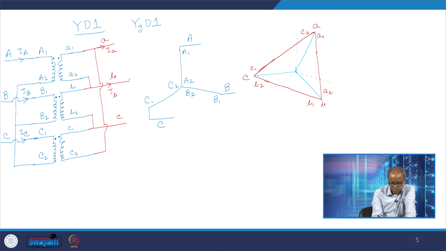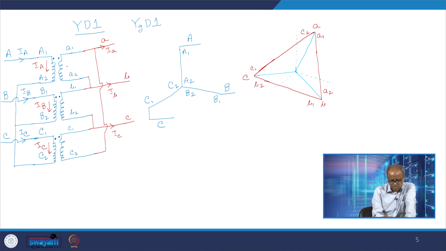So this is IC and this is phase C. So this is phase B, phase C and phase A. So ABC, IA, IB, IC, and this current is IA, this current is IB, this current is IC.